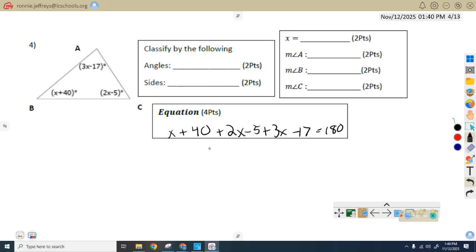I'll choose. Alright, so this is 3. Whoops. 3x plus 18. No, that's not 3x. 6.